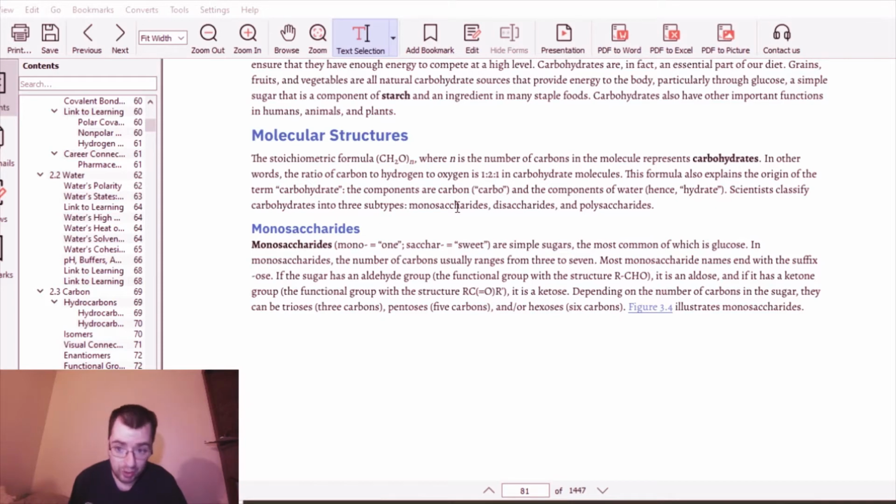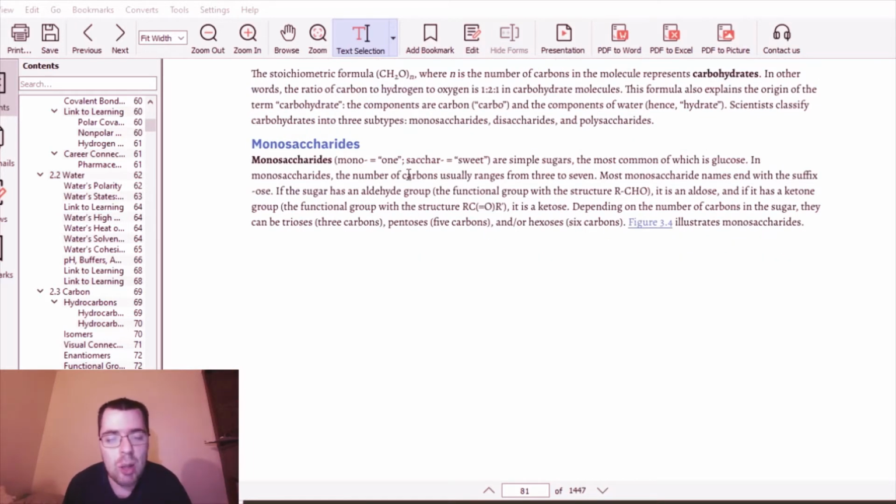The monomer, if you will, is the monosaccharides, or saccharides, however you want to pronounce it, which are simple sugars, the most common of which is glucose. Many of you are familiar with that. The number of carbons usually ranges from 3 to 7, and it really depends on what sugar it is.